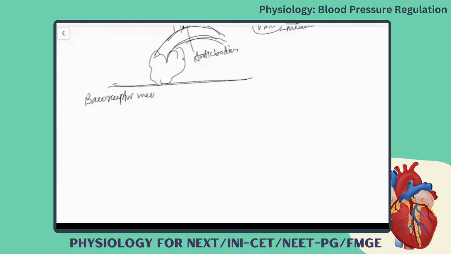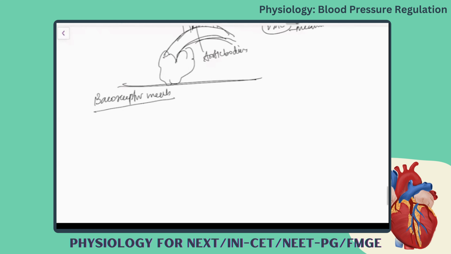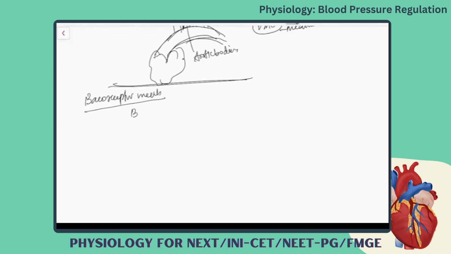In the baroreceptor mechanism, we will see a small flowchart. For example, when the blood pressure is increased, the reason may be any reason. There are so many reasons, okay? So what the baroreceptor will do immediately is give the signal to the vasomotor center.